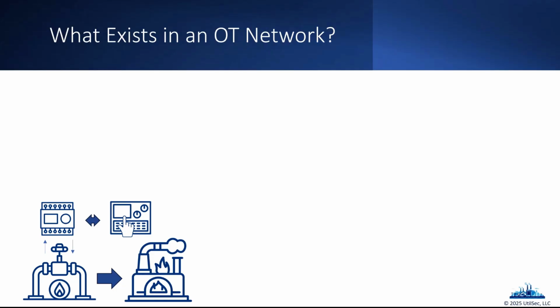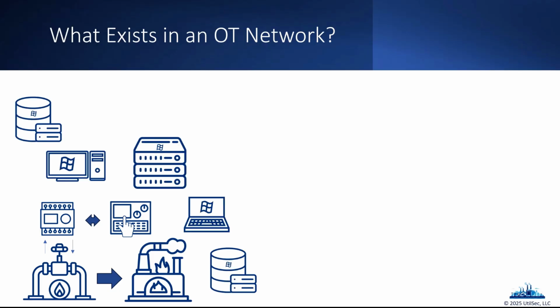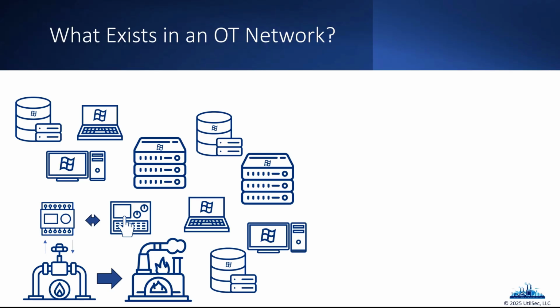There's a lot of other types of systems or computers on the control systems or the OT network. And what you'll start to see is we have systems like data historians, engineering workstations, operator workstations, file servers, Active Directory. And you can start to see all of these different systems. The one thing they have in common is they all run Windows.